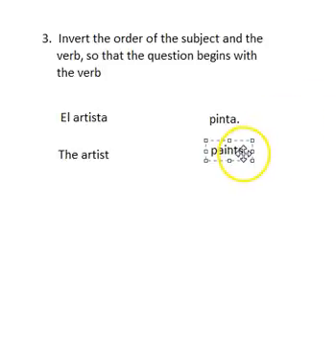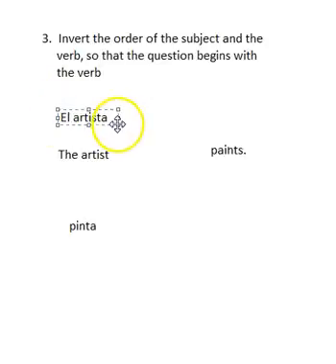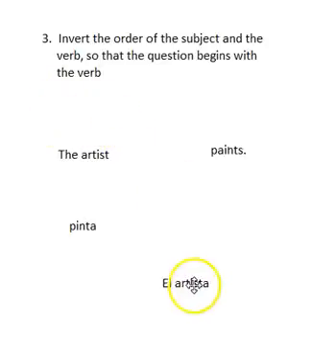That's our statement. Now, when I say to invert the order of the subject and the verb, what we're going to do is switch. We're going to take the verb, pinta, and put it first. Then we're going to take the subject, el artista, and put it second.